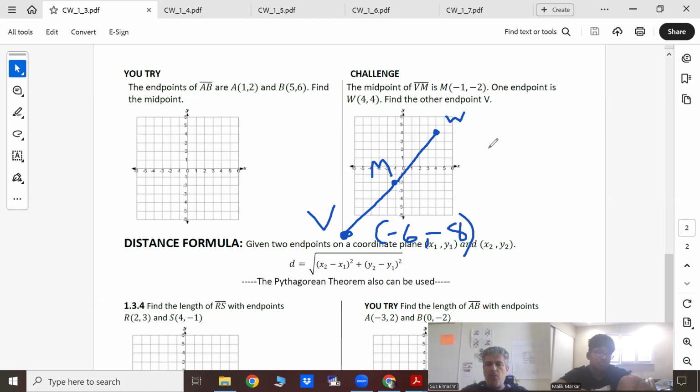So another way to think about it is that 4 plus x2 divided by 2 equals -1.